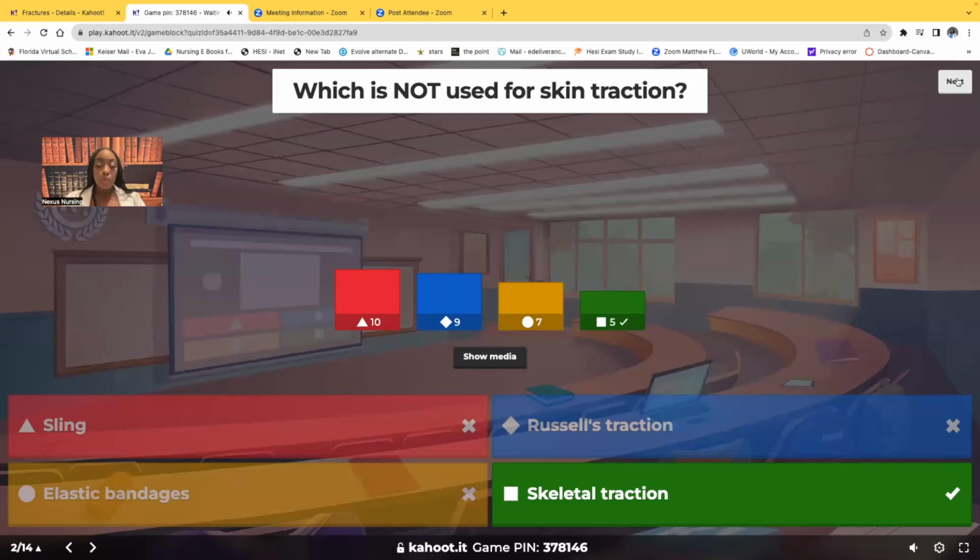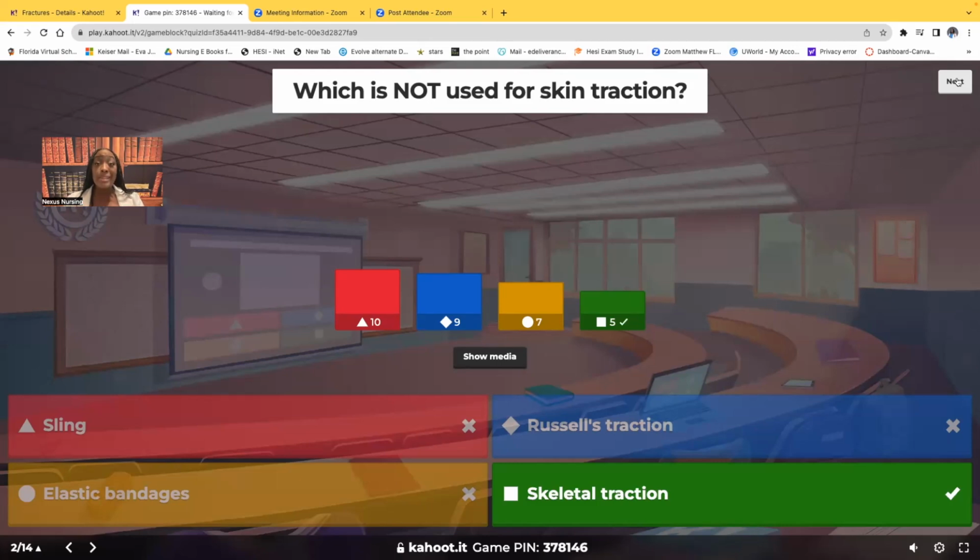Okay, wow. So let's talk about this. When it comes to skin traction, guys, slings can be used, Russell traction, even elastic bandages, but not skeletal traction. I noticed 5 of you guys chose skeletal traction. When we're using skin traction, guys, the skin is intact. This is not invasive, right? There's a pulling force on the skin.